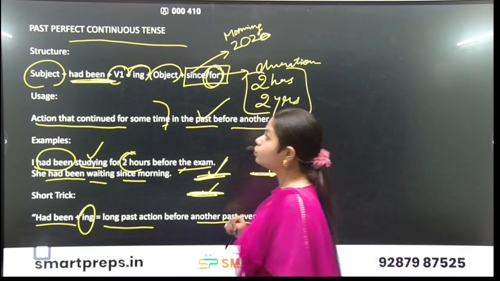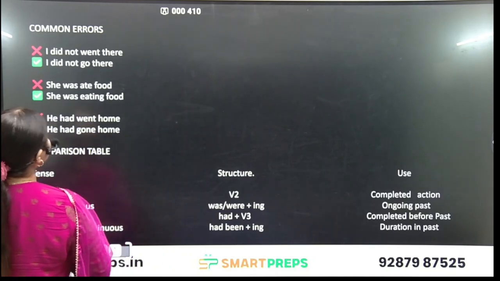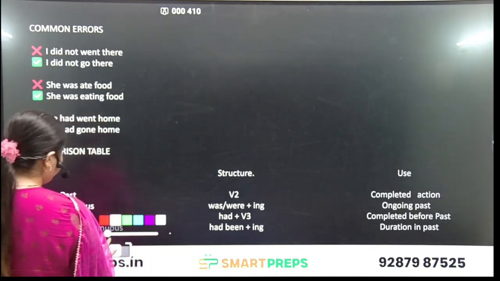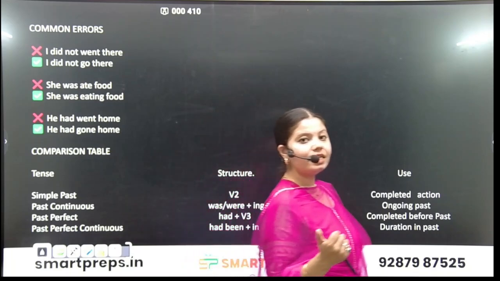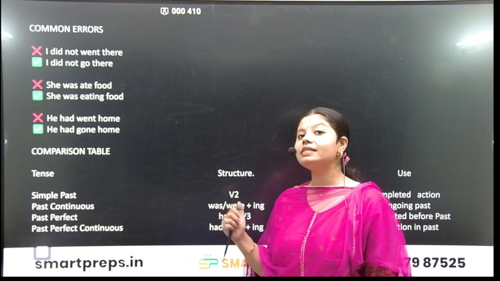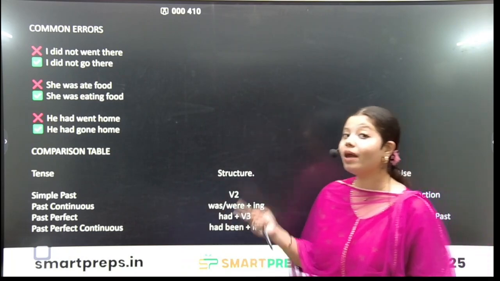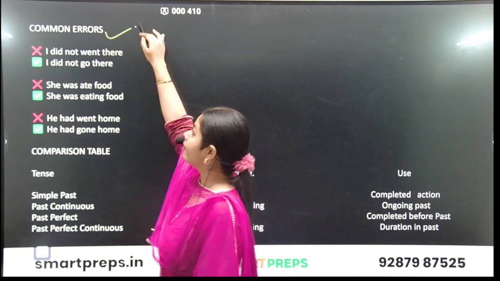So that is what past perfect continuous tense is. So I think we have understood the 4 types of past tense: simple past tense, past perfect tense, past perfect continuous tense. Yes, and what is the other one? Please comment your answer.